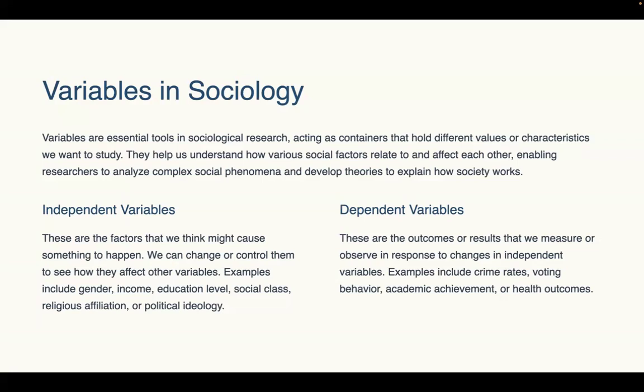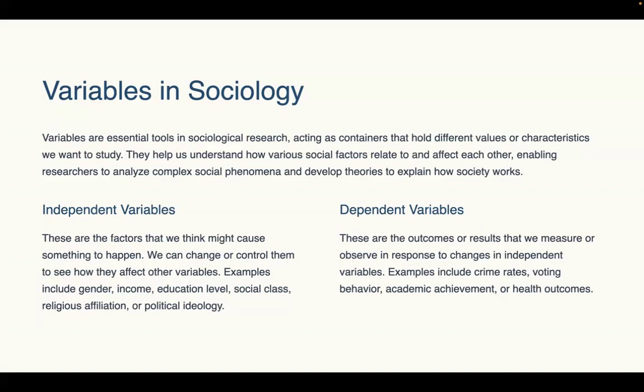For example, gender, income, education level, social class, religious affiliation, or political ideology. If we change education level, then we can understand how it impacts the crime rate and the voting behavior. So educational level is an independent variable that will impact the dependent variable.